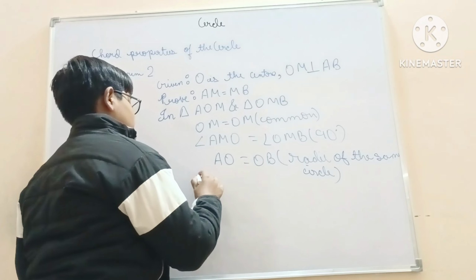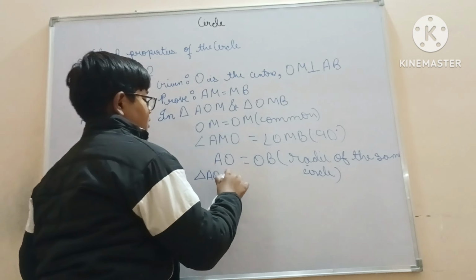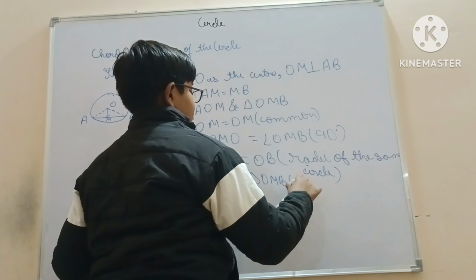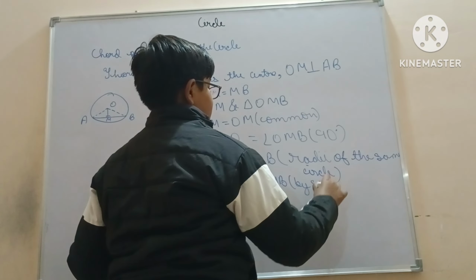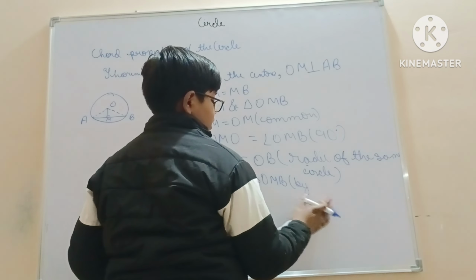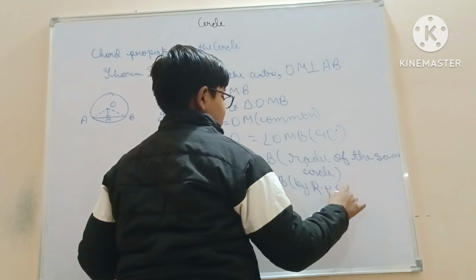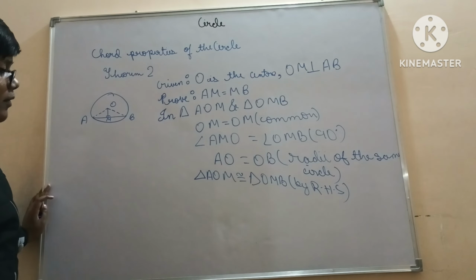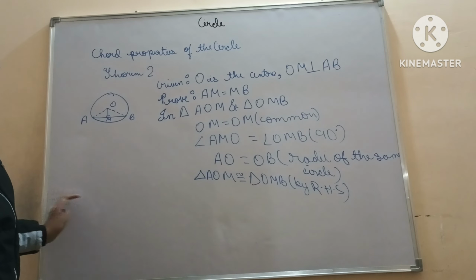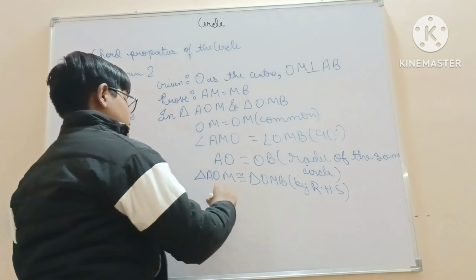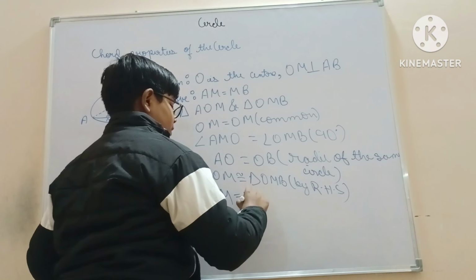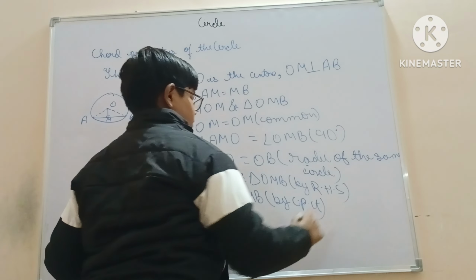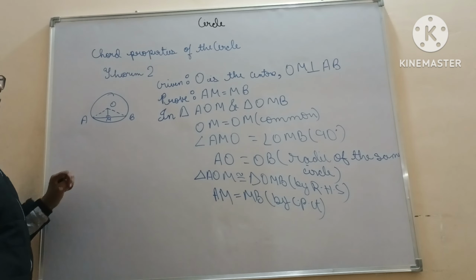Now we have proven that triangle AOM is congruent to triangle OMB by RHS, right angle, hypotenuse, side. So we have proven that both the triangles are equal. So now AM will be equal to MB by CPCT. By CPCT, both the lines will be equal to each other.